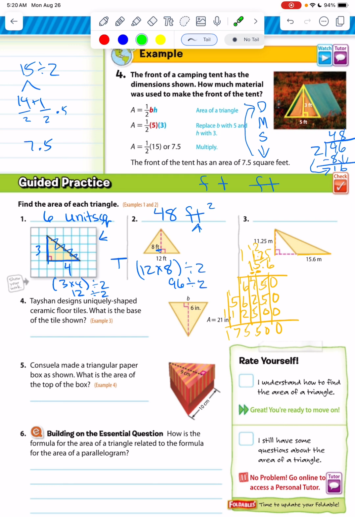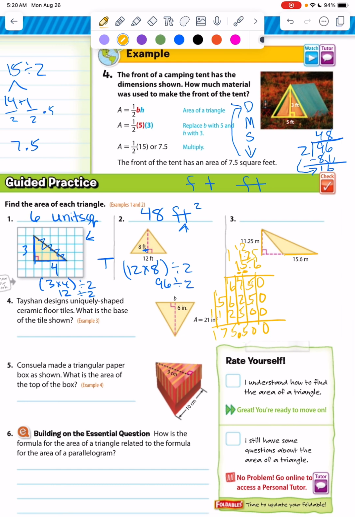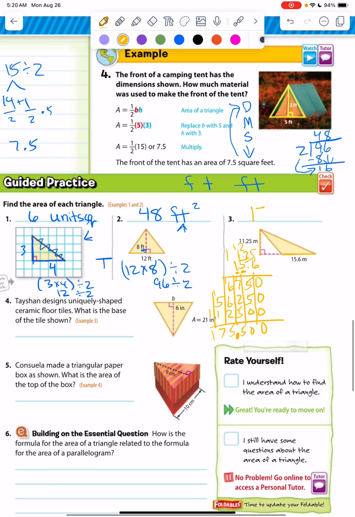So we are going to move our decimal over 1, 2, 3 places. Okay? And put it right there. So, do we need these zeros? Not really. We can just write this as 175 and 5/10. What's the measurement? Meters squared.